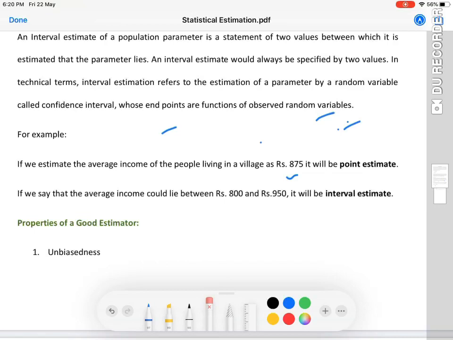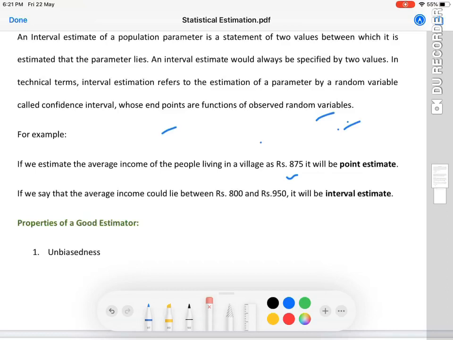An estimator is said to be unbiased if its expected value is identical with that of the population parameter being estimated. Okay, so the estimator you are using has to provide estimates in such a manner that the value is close to the population parameter.